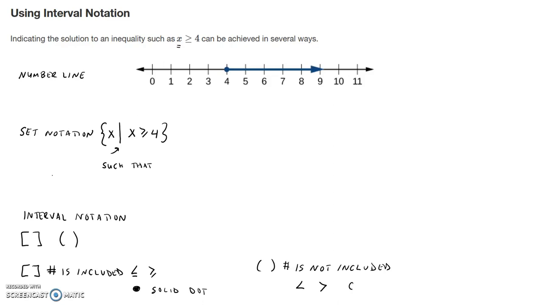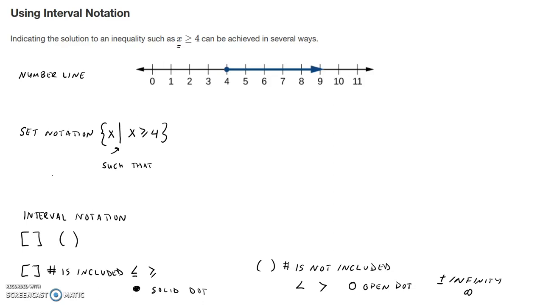You might also see the open dot, which is the one that's not filled in. And the other case that might use the parentheses is when you're going to be working with infinity, so either positive or negative infinity. And your infinity symbol kind of looks like a sideways 8.